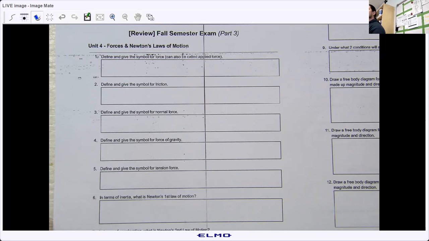So if the objects get further away from each other, then the force is going to decrease. The objects experience more force if they're larger and closer together. They experience less force if the objects are smaller and further apart.